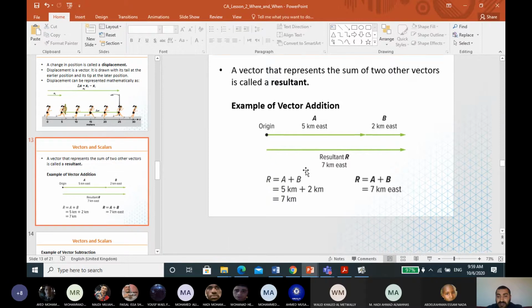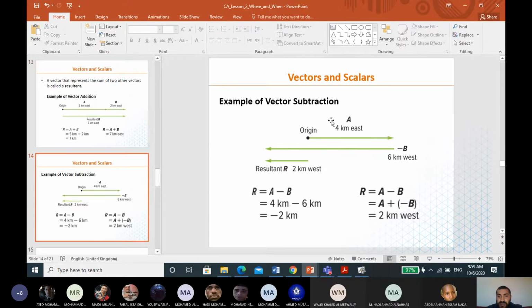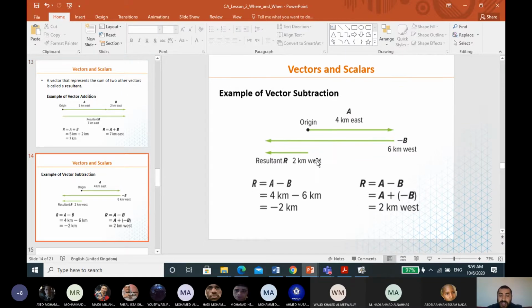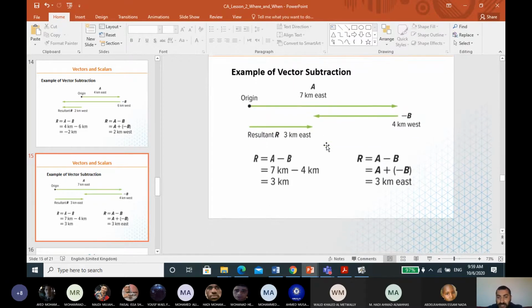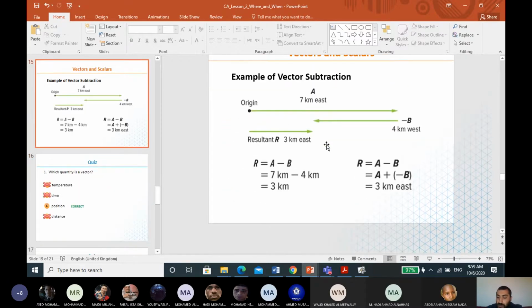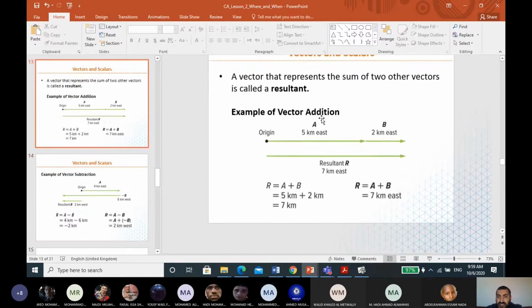Adding vectors or subtracting vectors. This is adding vectors, vector addition. This is subtracting vectors because they have opposite directions. And here are other examples of subtracting vectors, and that's it for today. But let's start here, guys, with adding these vectors.